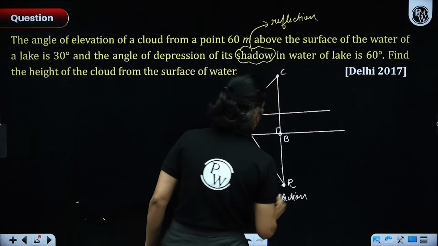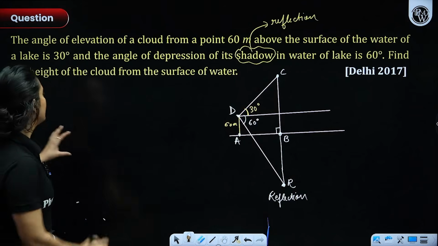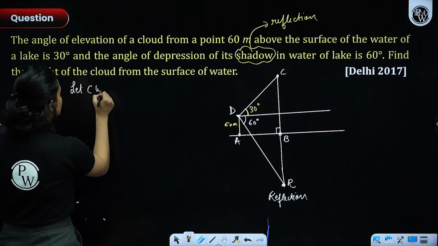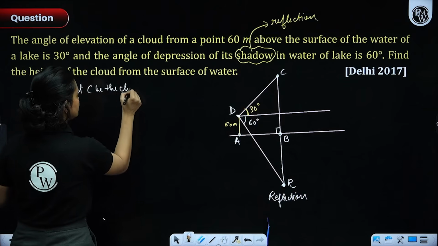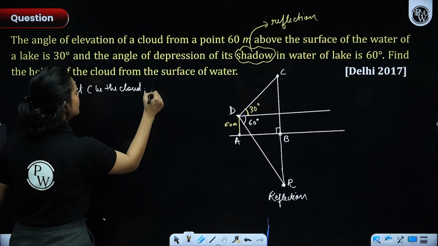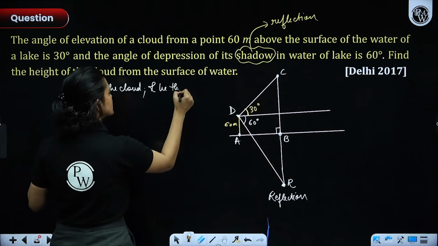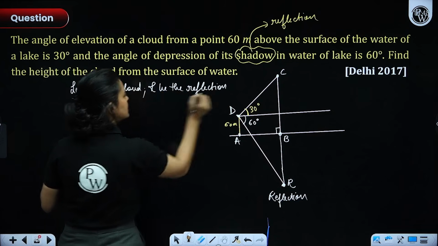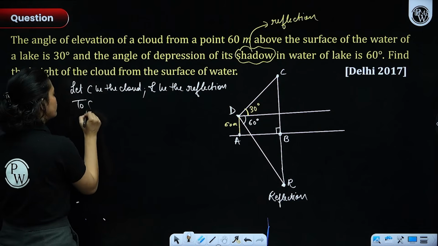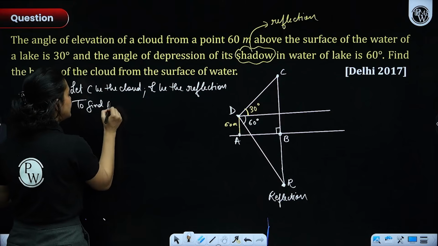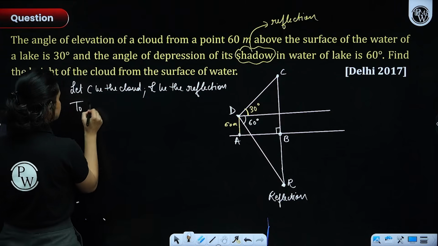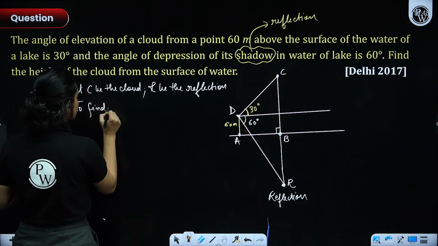So this is R. Okay? Now let C be the cloud, R be the reflection. Okay, everyone? Now, another thing to note is, we have to find what? We have to find BC. To find CB.